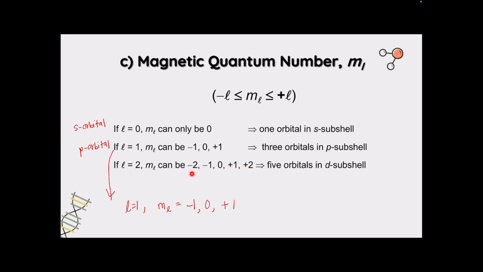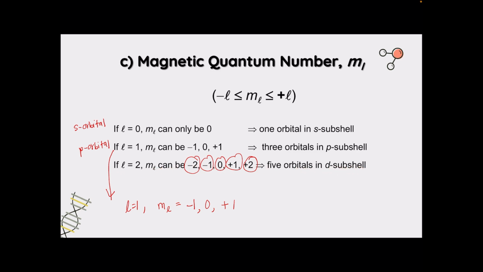Arrange again what values exist between -2 until +2. So from these numbers, we can see that we have 1, 2, 3, 4, 5. 5 numbers. Okay, so these 5 numbers are referring to 5 orbitals in the subshell.